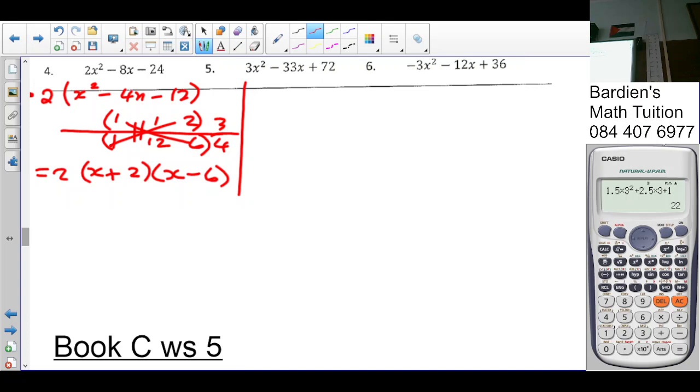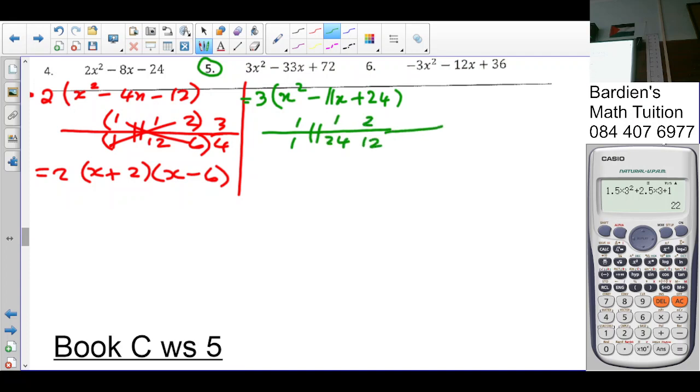Look at the next one. What can be done here? The common factor of 3. So what are we left with? X squared minus 11x plus 24. What goes on the line? 1 and 1, 1 and 24, 2 and 12, 3 and 8, 4 and 6. Do we add or subtract our products?